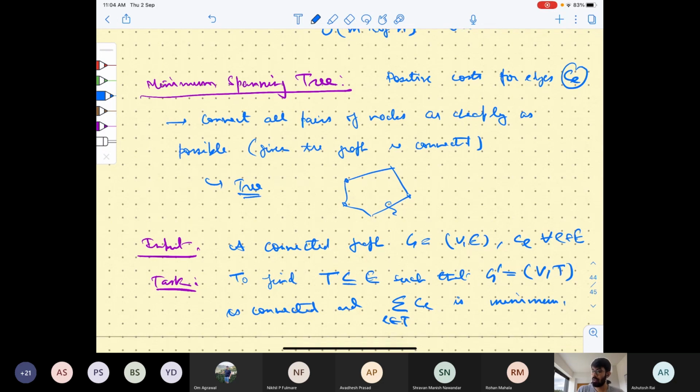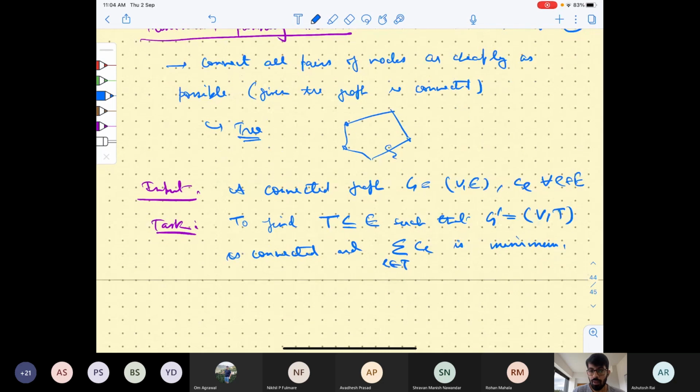So this is what we want: the graph induced by the edges in T has to be connected, and we want the cost to be as small as possible. Any questions about the definition of the problem?